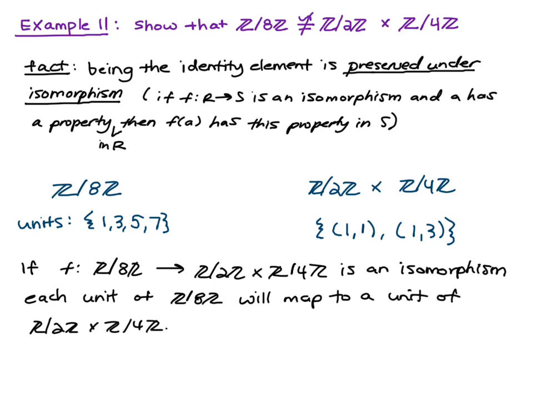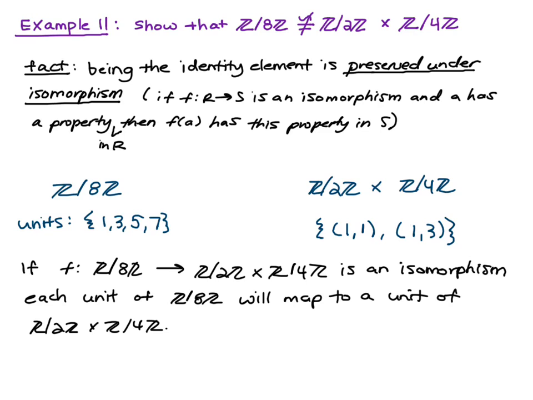And we see here that this just can't practically happen. We've got 4 units in Z mod 8Z, but we've only got 2 units in Z mod 2Z cross Z mod 4Z. And so we can't have Z mod 8Z be isomorphic to any ring with less than 4 units. It's got to be isomorphic to another ring that has 4 units. Since this ring only has 2, we can't have an isomorphism.